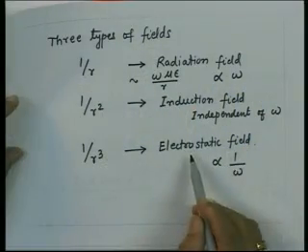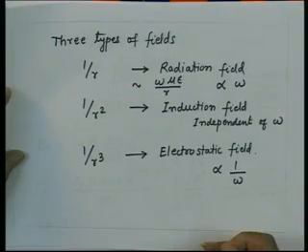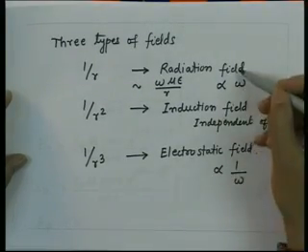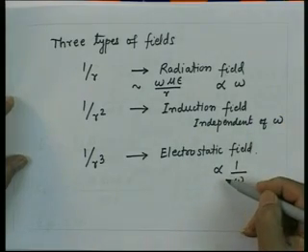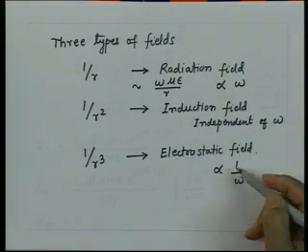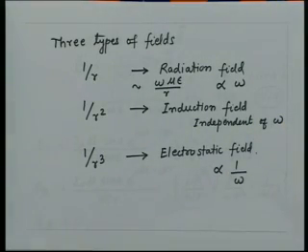For the electric field, we have accumulation of electric charges, and because of that we get an electrostatic field, and that will vary as 1 over omega. So, these three fields, the radiation field, the induction field and the electrostatic field, will be generated by the simple Hertz dipole.